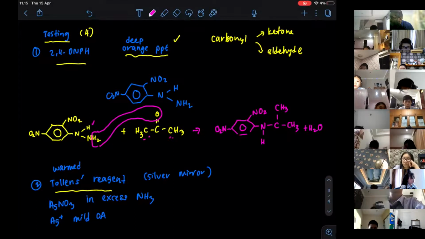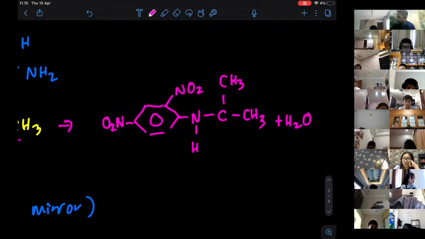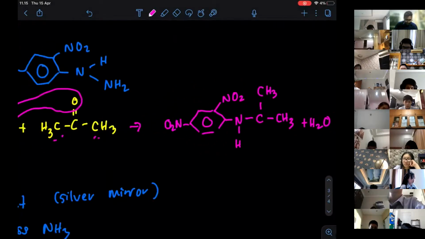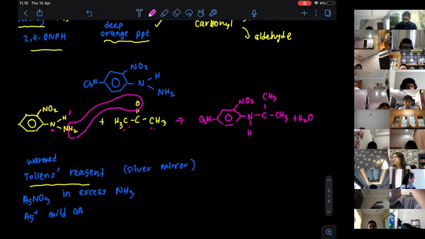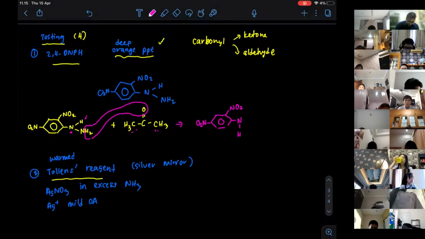Okay, I think I made a mistake. This nitrogen. Okay, so nitrogen and hydrogen done, and then there is another nitrogen. This one, there's another nitrogen, and then this nitrogen is bonded to carbon, and then CH3 and CH3.